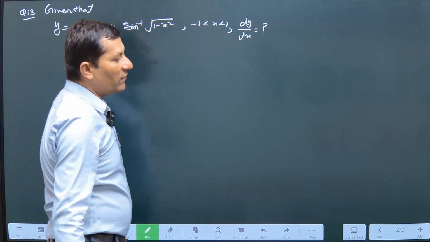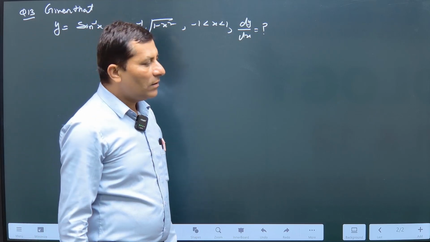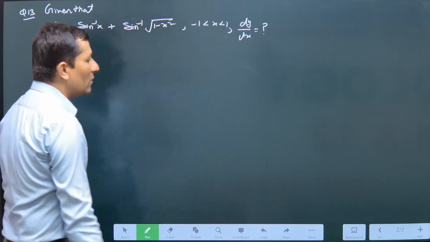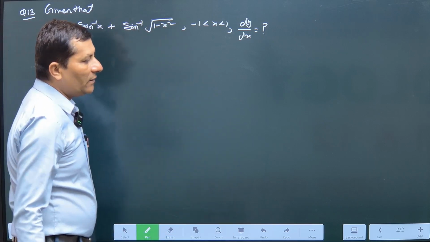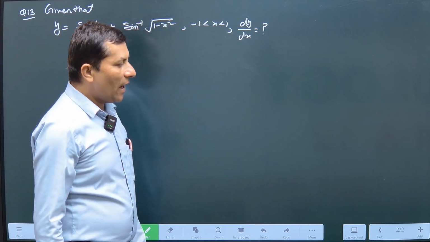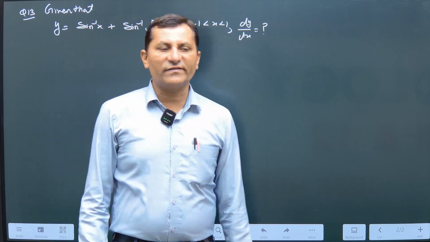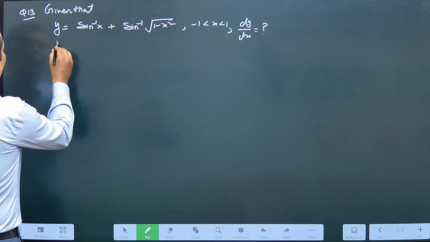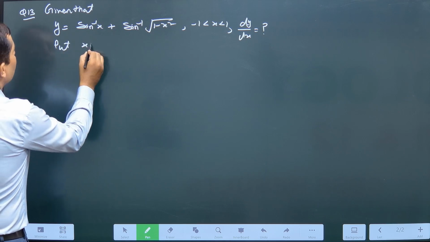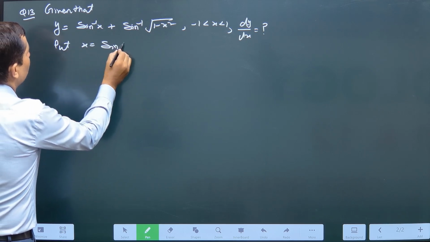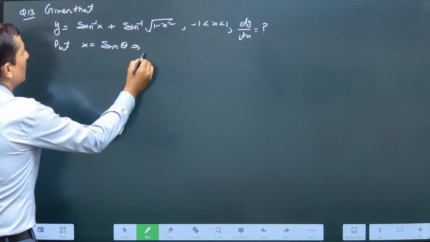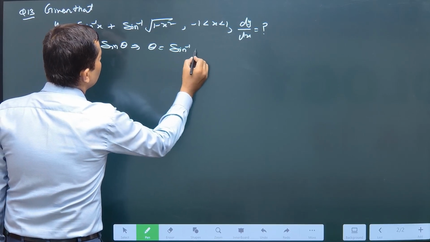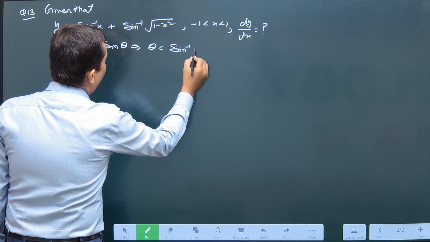इनवर्स ट्रिग्नोमेट्री फंक्शंस का केस है. First of all, do simplify it as you solve inverse trigonometry functions questions. Now put x is equal to sin theta, implies that theta is equal to sin inverse x.